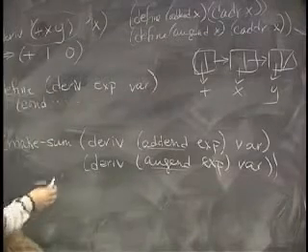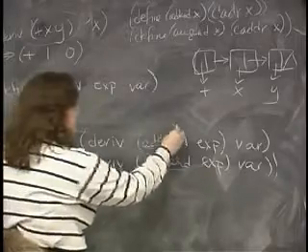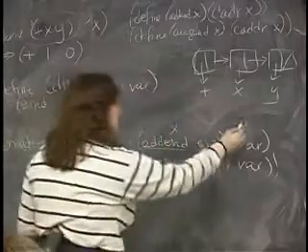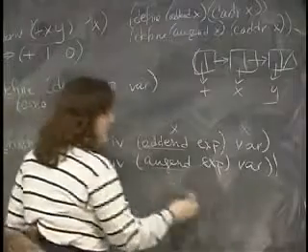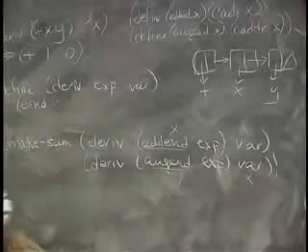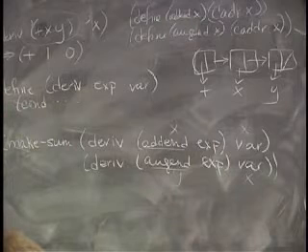So what we're going to do is the derivative of x with respect to the variable x, and then we'll do the derivative of y with respect to x. Okay.